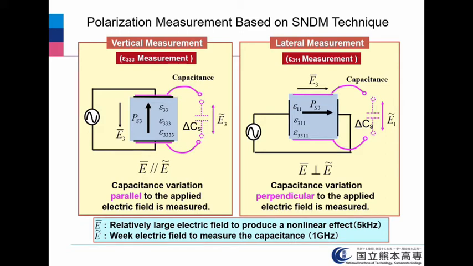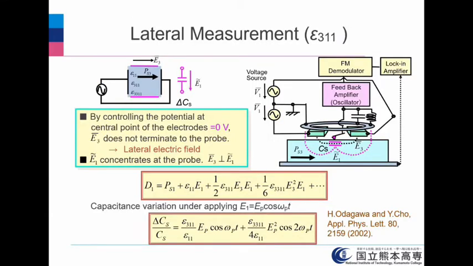On the other hand, in lateral polarity measurement, these two electric fields are orthogonal. For the lateral measurement, we put an additional electrode like this to add the electric field parallel to the surface.